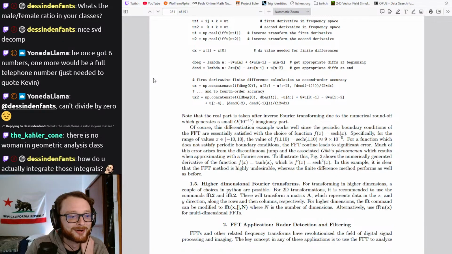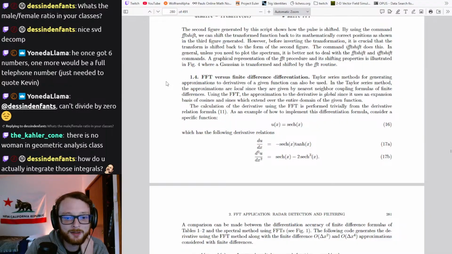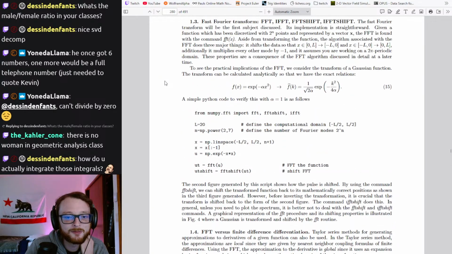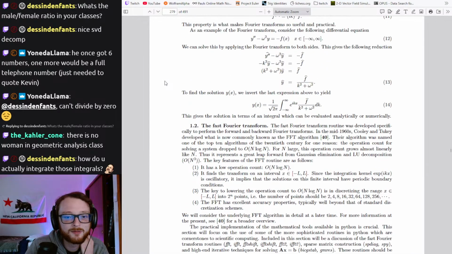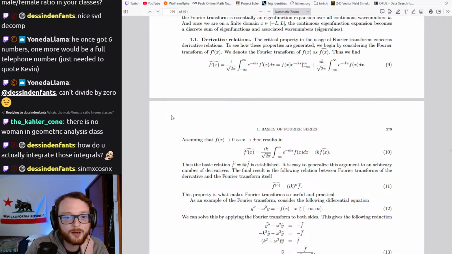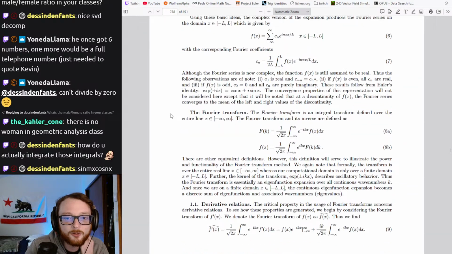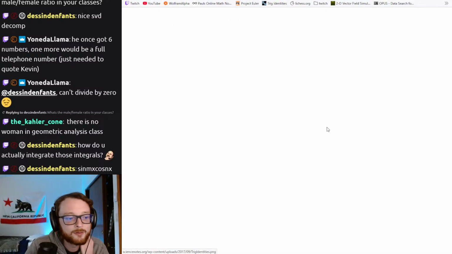Can't divide by 0. How do you actually integrate those integrals? Wait, was I showing an integral? Oh, like this one? Sine mx cosine nx? Oh, I mean, an integral like that, you just use a trig identity.